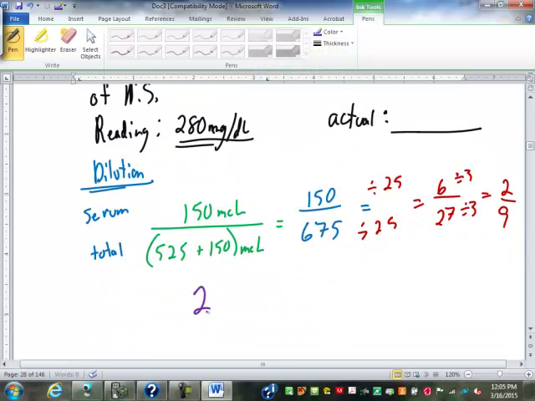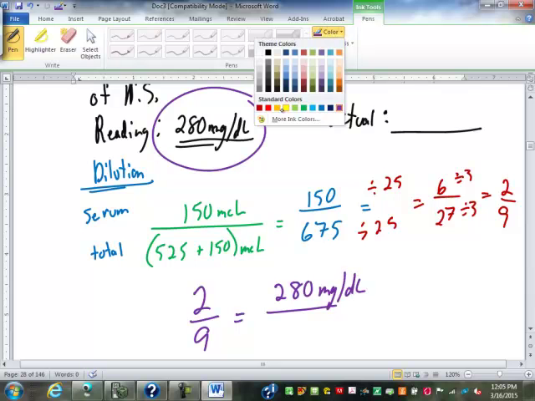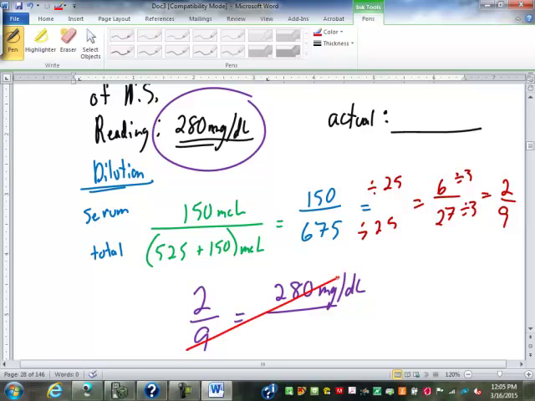Now that we have a 2 and 9 dilution, we can find the actual value. The 280 is the diluted value, so it is going to go on top. 280 milligrams per deciliter. And we're going to cross multiply. 9 times 280 divided by 2 is 1,260 milligrams per deciliter.